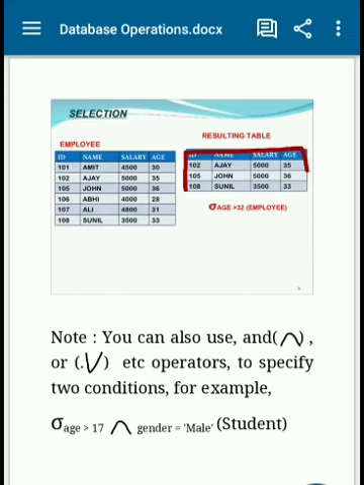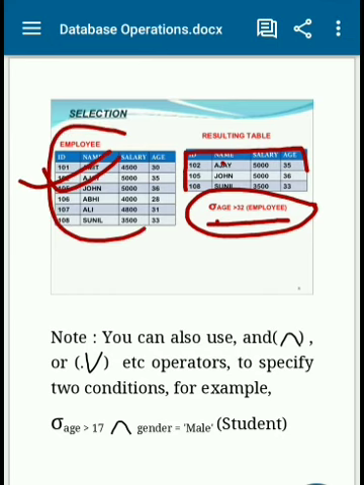To retrieve specific tuples, we have to apply the selection operation. This selection operation gives us this resulting table, and if we want only the name and age from this table, not from the whole table consisting of all the records, but only the name and age attributes from the resulting table.